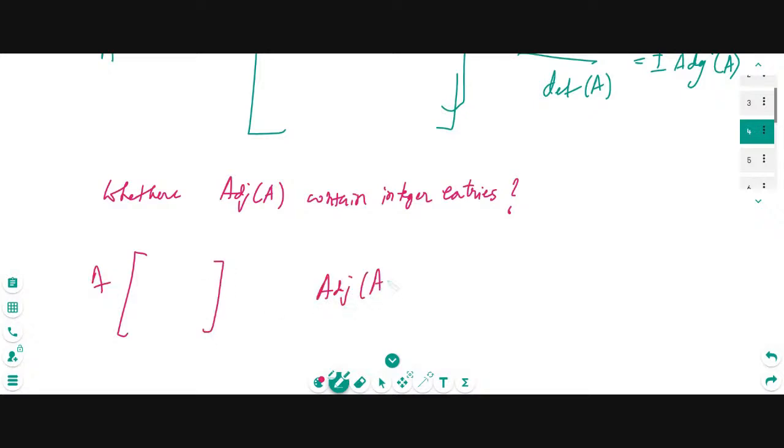This is the algorithm. For the ijth entry, you delete this row and column, and whatever matrix is left, you take the determinant of it, with sign minus 1 to the power i plus j. The ijth entry of this is actually deleting this row and column, taking the determinant of the matrix left, and A contains all integer entries.